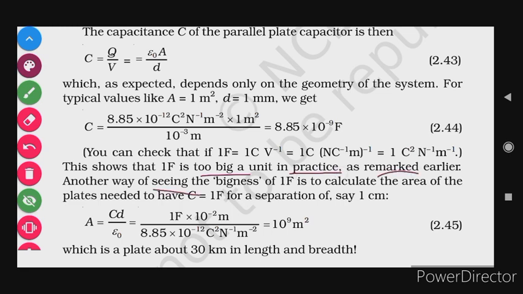Another way of seeing the bigness of 1 F is to calculate the area of the plates needed to have C equal to 1 F, for a separation of say 1 centimeter. You see the capacitance here for a 1 meter squared area plate is this much, so we can imagine how much area of plate we will need to have 1 farad capacitance.